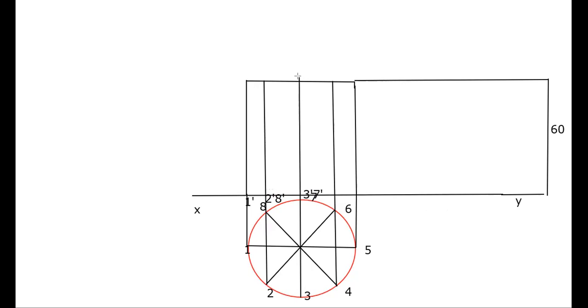This one is the center line; you maintain this center line ratio. And this point is over here and corresponds to 4 dash 6 dash. And this point corresponds to 5 dash.